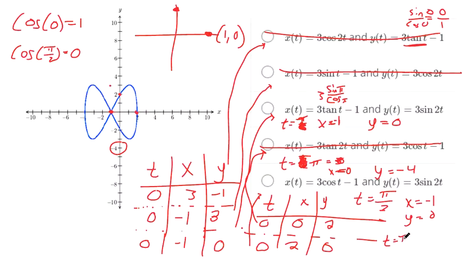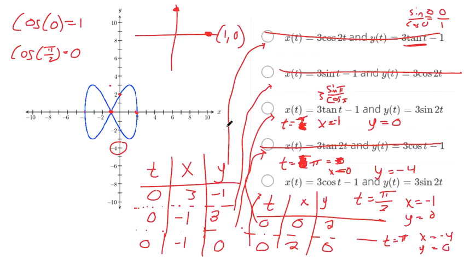Let's put it even more to the test. Let's plug in t equals pi. Then x equals negative 4, y equals 0. Negative 4 comma 0, that's a dot on this graph too. So it's a contest between these two. I can't seem to eliminate either one of them.